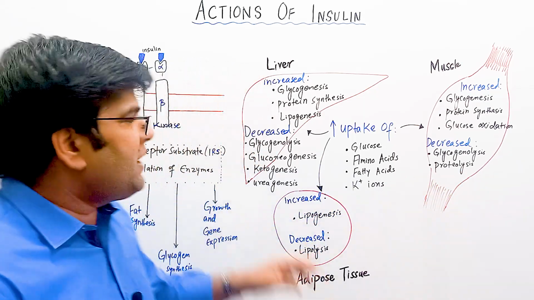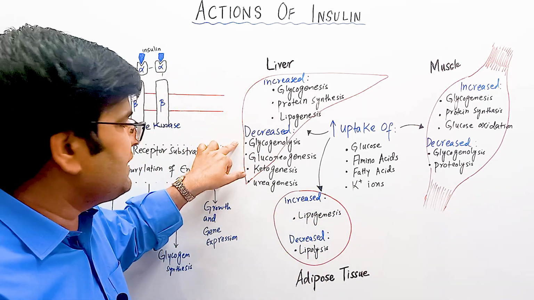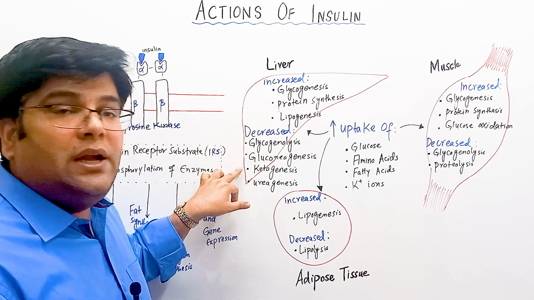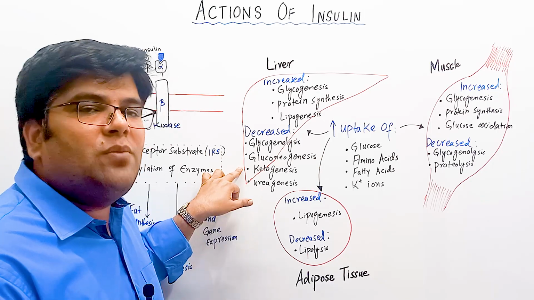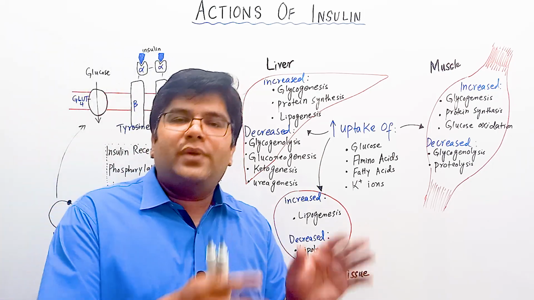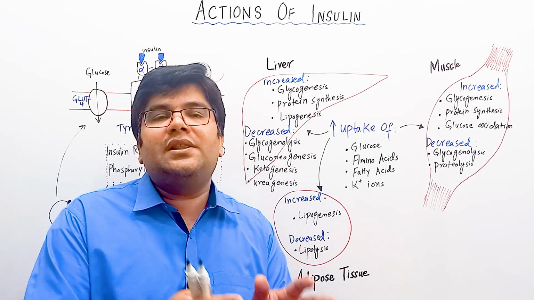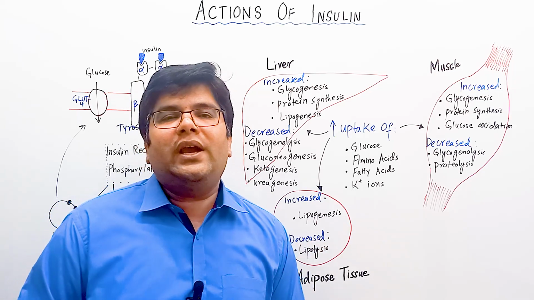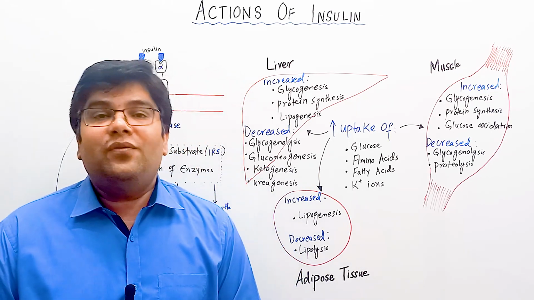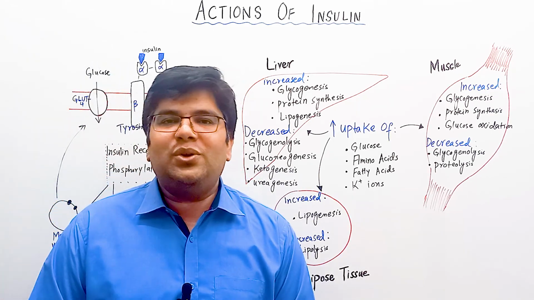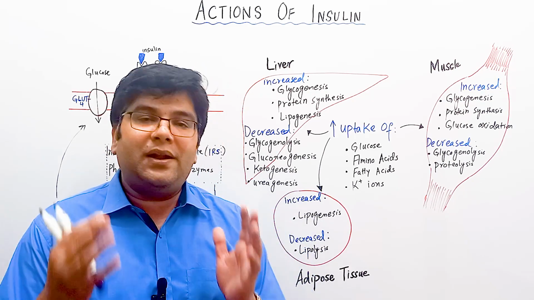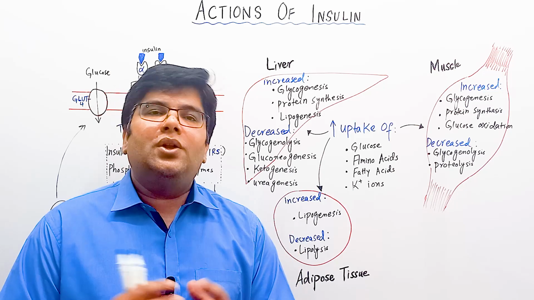Insulin also decreases the breakdown of glycogen or glycogenolysis. It also decreases gluconeogenesis or formation of new glucose. It also decreases the formation of ketone bodies or ketogenesis. It also decreases ureagenesis, because the breakdown of proteins into amino acids and then the amino acid metabolism to make urea is decreased. So insulin is the most important hormone which decreases our blood glucose level after a meal by sending it into the cells, storing it, and by not allowing the formation of new glucose.